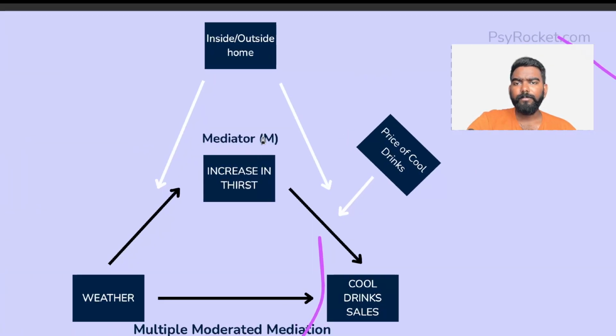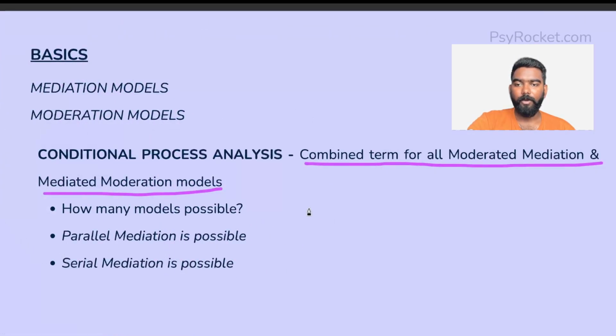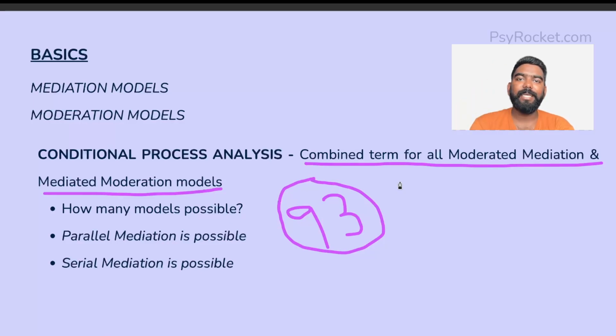Okay, how many of these kinds of models are possible? A total of 93, as of today, according to his latest edition and the current version of the Process Macro. Each model is shown in his textbook. Please refer to it. There are also parallel mediations and serial mediations.